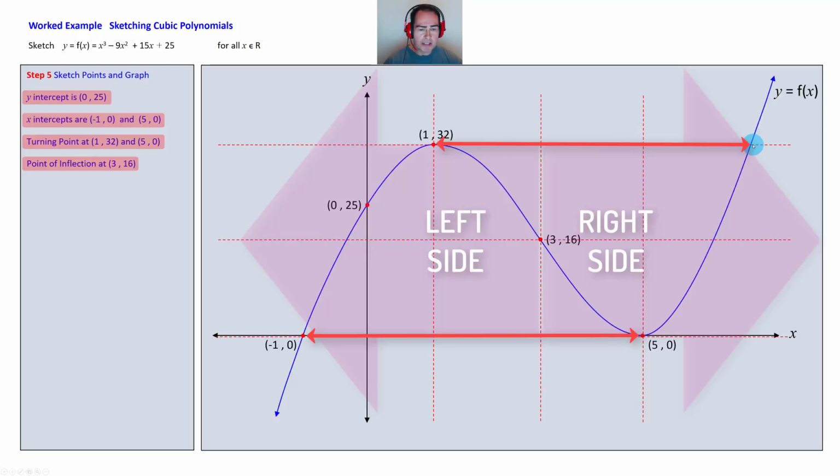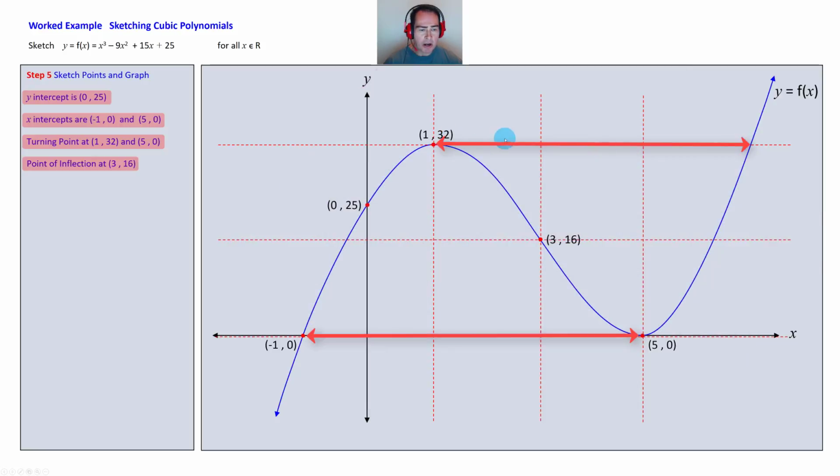So that point of intersection should correspond to 1 plus 6, or 7, and given it's the same height, 7, 32. So I'll label that point in as well. It's not required for the graph, however it does help us understand this nice symmetry that we see in all cubic functions.